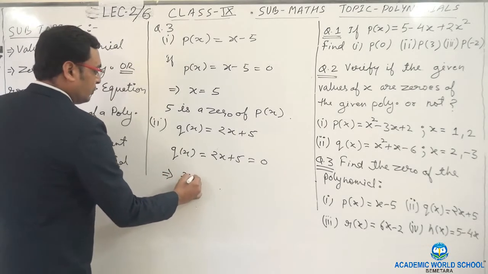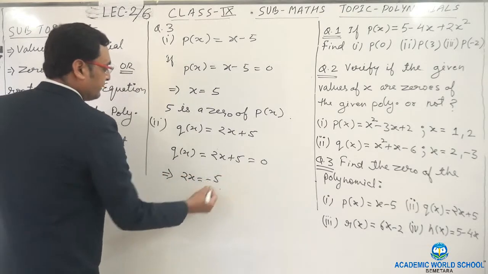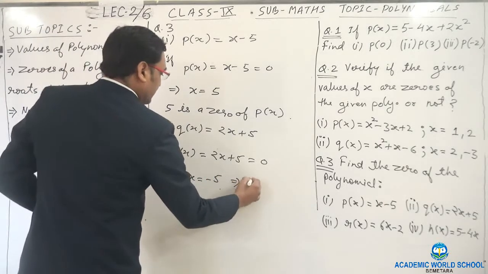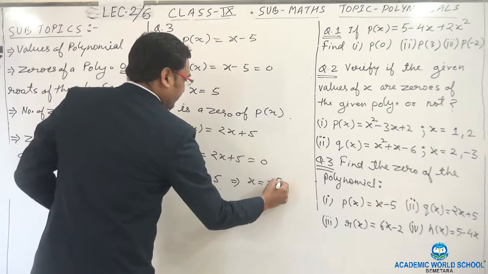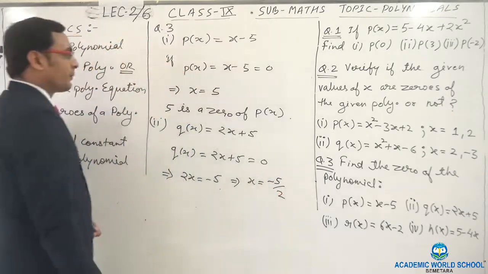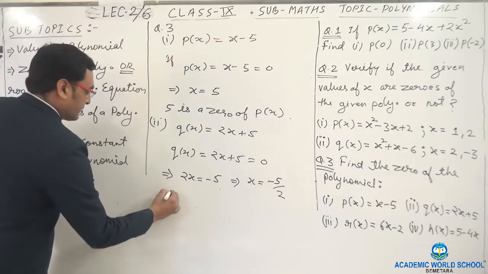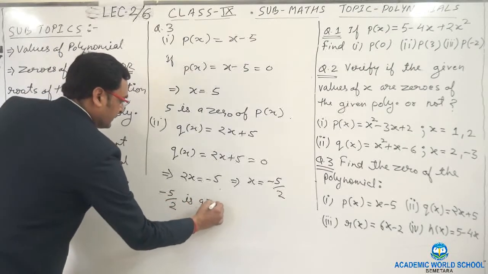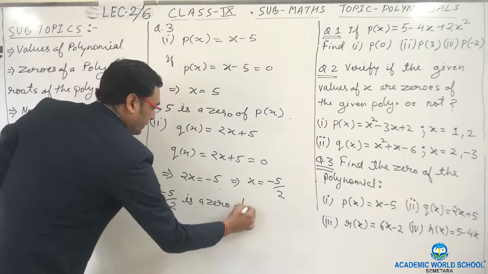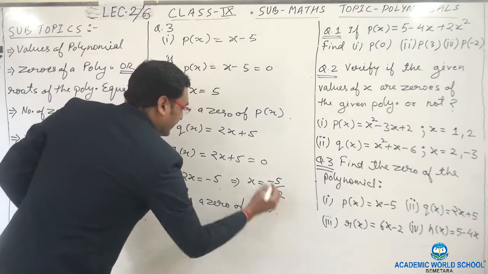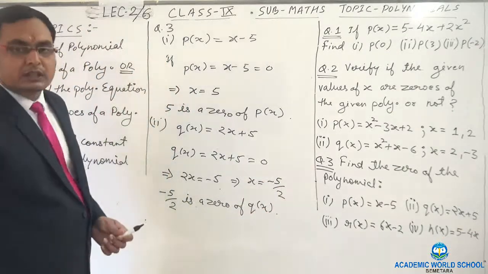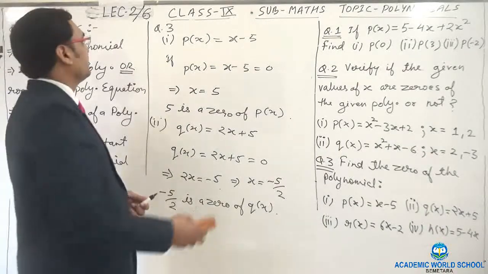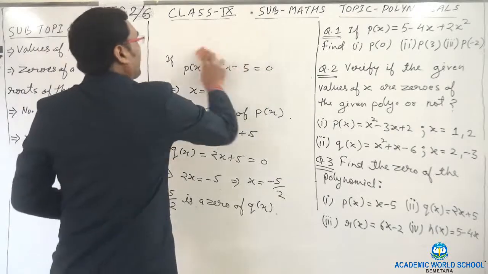You will get 2x is equal to minus 5, and if we divide by 2 on each side, we will get x is equal to minus 5 upon 2. So minus 5 upon 2 is a 0 of q(x), because the roots of the polynomial equation and the zeros of the polynomial are the same thing.